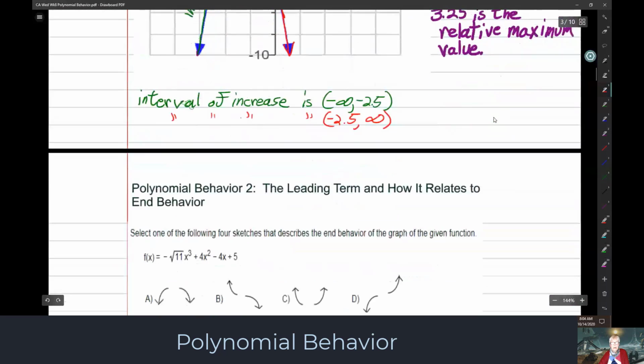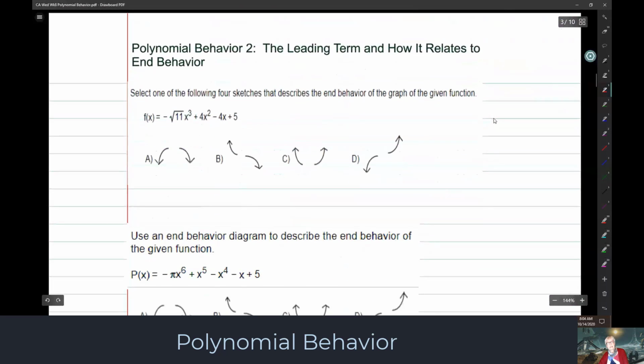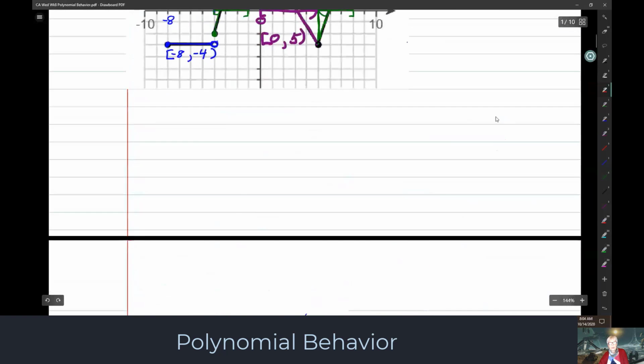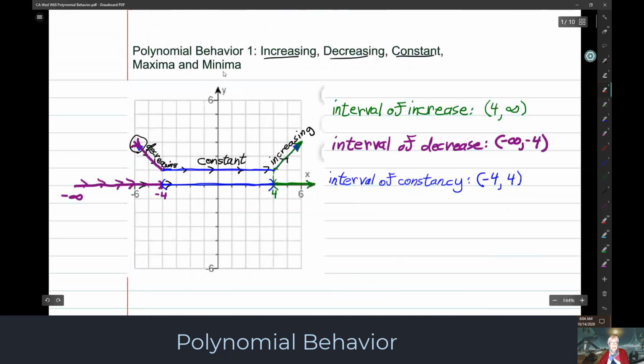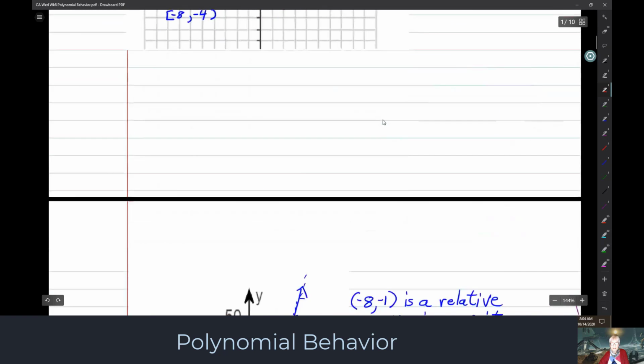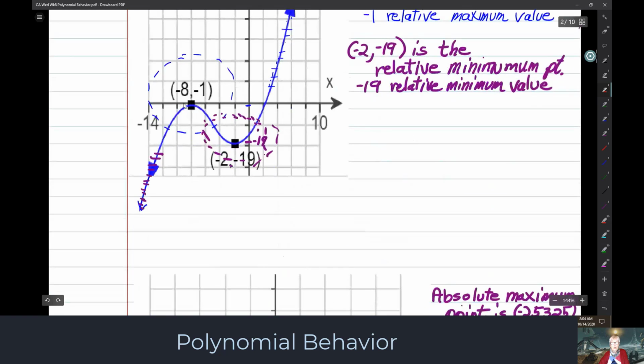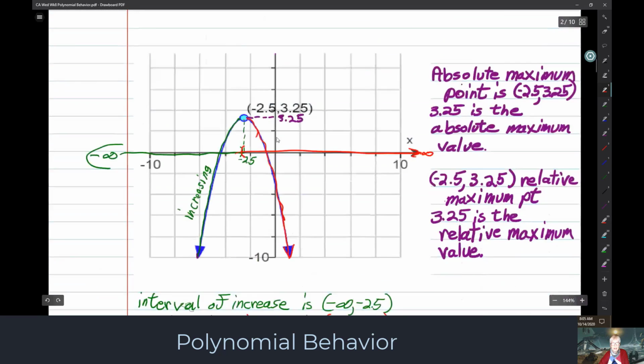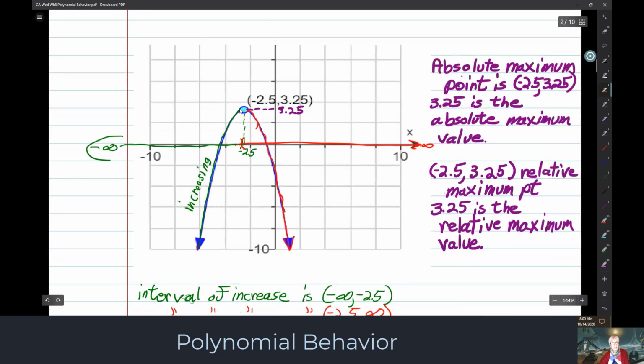Okay, now we're going to talk about something else. See, we've got all these little facts going on. So let's look at what part 1 dealt with: increasing, decreasing, constant, maxima and minima. That's plural of maximum and minimum. Then we talked about relative maximum points and relative minimum points, and relative maximum values and relative minimum values, and the same here.